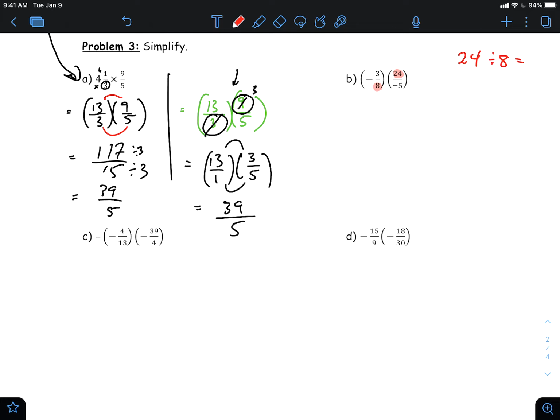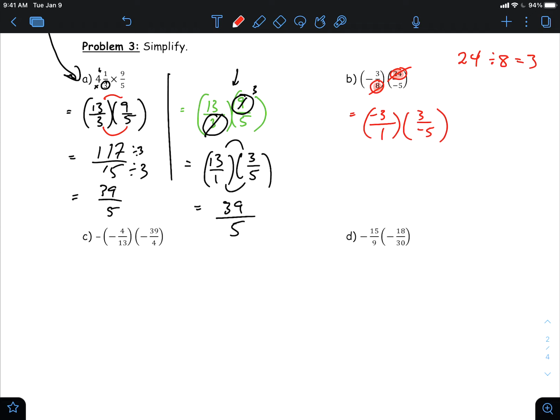Yes, 3. So basically what we're going to do is take the 8 divided by the 24, and we're going to replace the 24 with the 3, right? So we get negative 3 over 1 times 3 over negative 5.